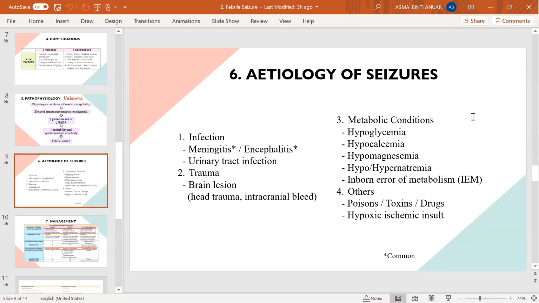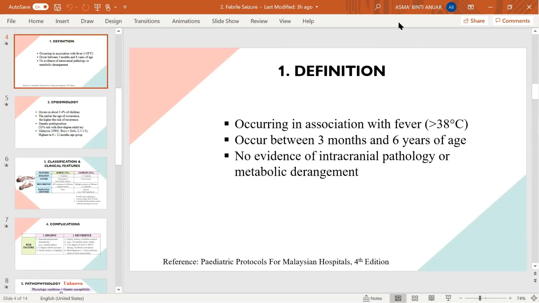Understood? Okay, good. So any other questions? Okay, remember, febrile seizure can only be diagnosed in a normal child, not in a child with any concern, especially neurological concern. That is the take home point for febrile seizure.